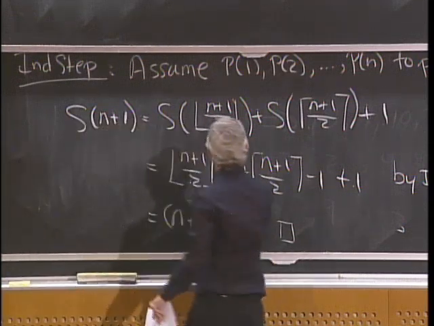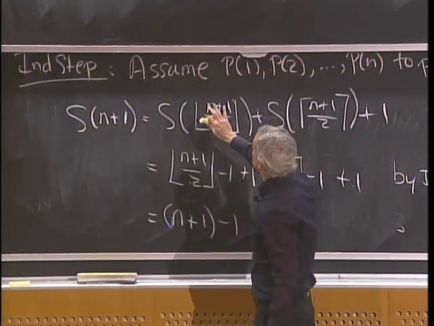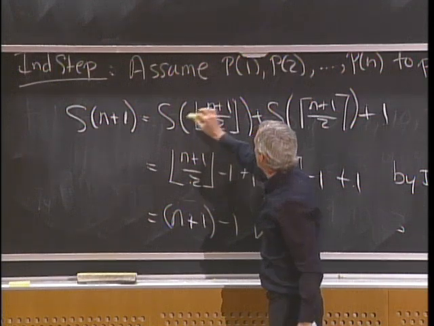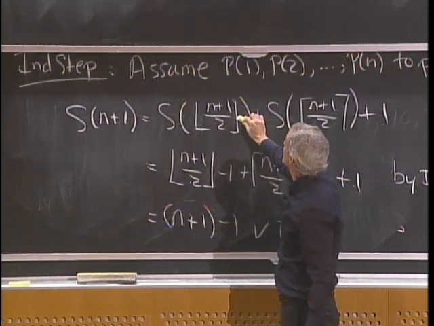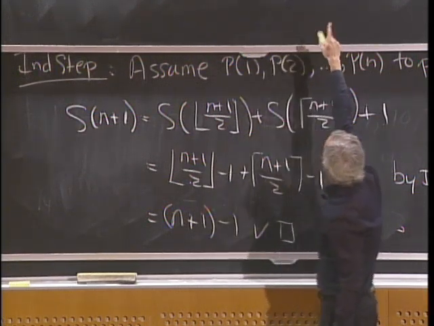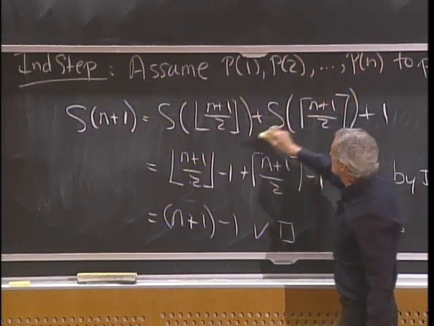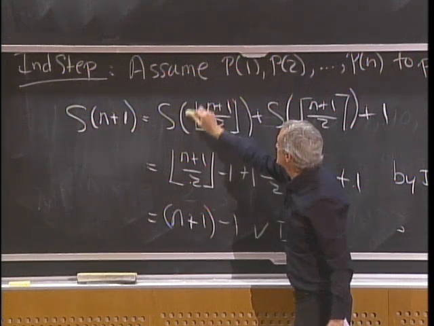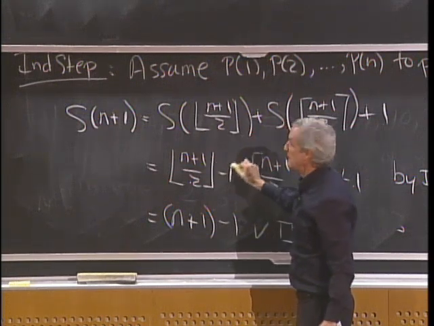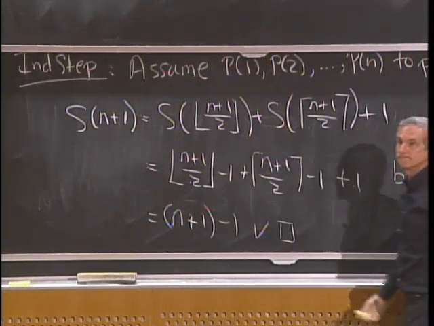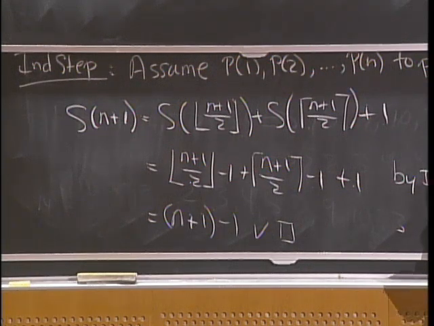It doesn't matter, but the expression is S of whatever this is. The induction hypothesis would be S of whatever's inside there is what's inside there minus 1. And so the induction hypothesis says S of this is that minus 1. Okay? Any other questions?